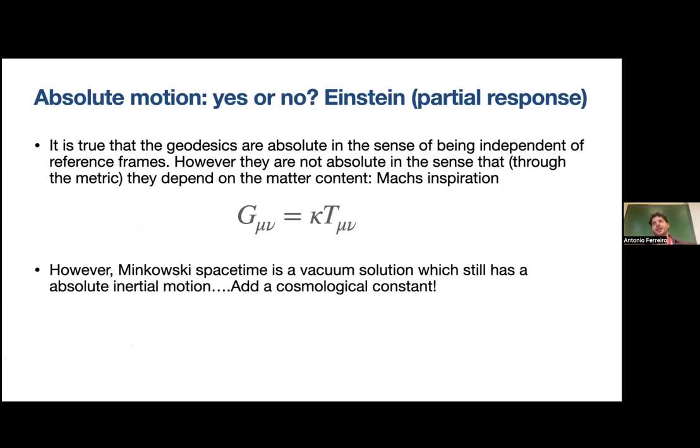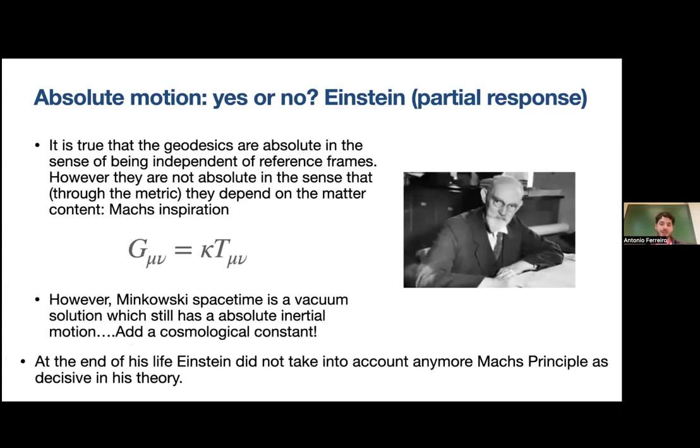So actually, Einstein fought a lot with this idea. He tried to erase Minkowski solutions from the theory by adding a cosmological constant, for example. But then, of course, as many of you know, de Sitter showed that even if you add a cosmological constant, you can still get solutions of Einstein's equations, and you have the same problem again and again.